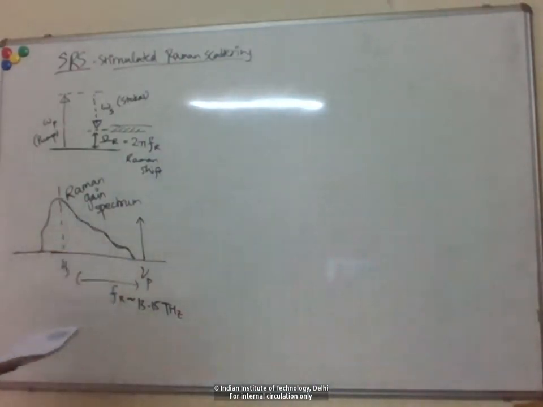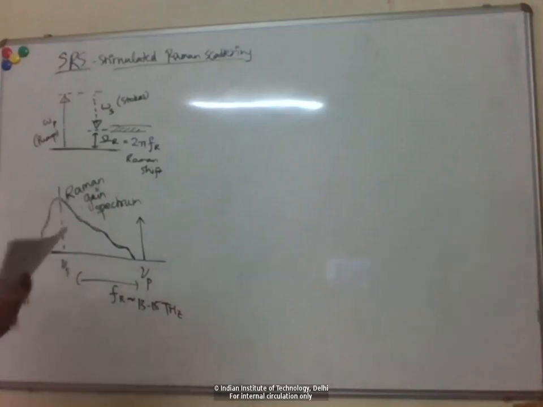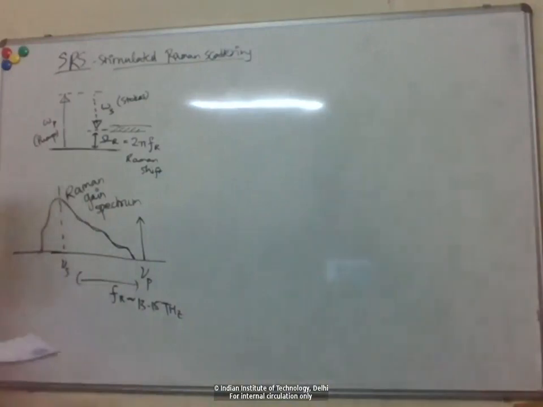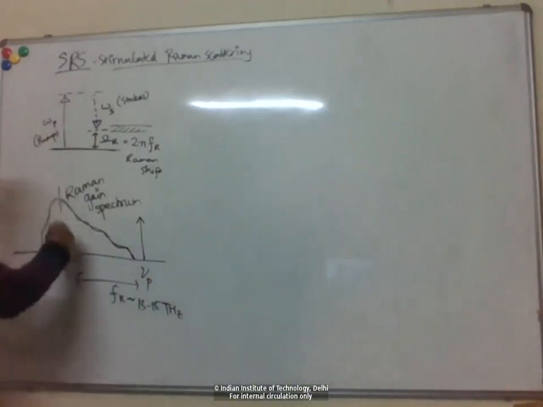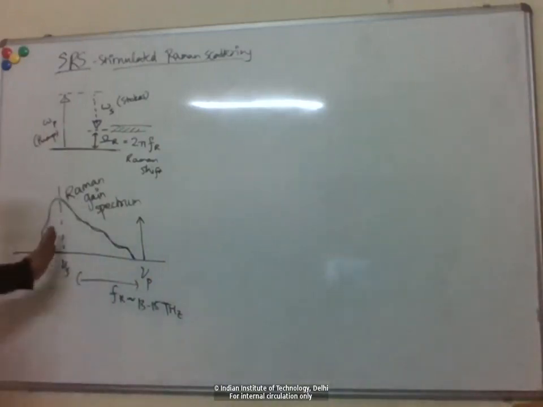So first of all, again, glass is an amorphous material, right? So you can imagine that there are various different modes of these vibrations, and so instead of a narrow line, so if you had crystalline materials, right? For example, if you take silicon, then the Raman spectrum is again a nice narrow line at a particular shift with a very small bandwidth. But once you go to amorphous materials, basically this gain spectrum broadens out quite a bit, right?